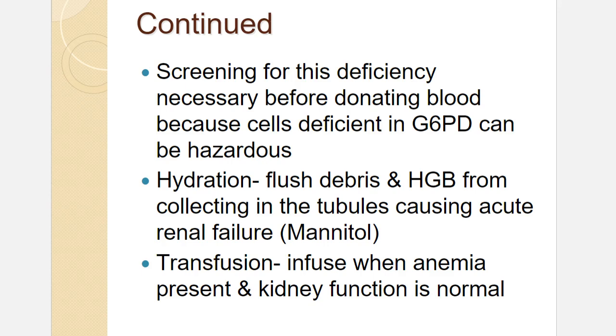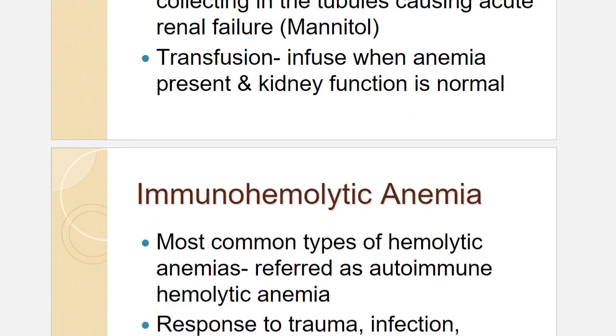Or we may actually transfuse when the anemia is present and when kidney function is normal, because we want to try to bring up this hemoglobin, because of the hemolysis of red blood cells that is occurring. So that's somewhat of G6PD, which again, remember, when we're talking about some of these anemias, they're due to different etiologies or causes.